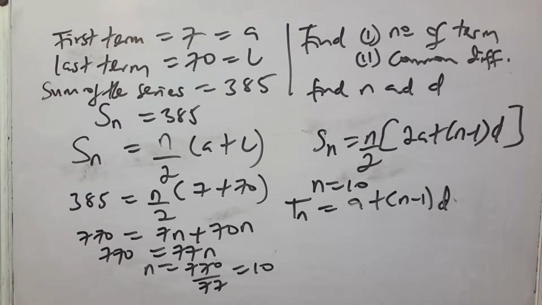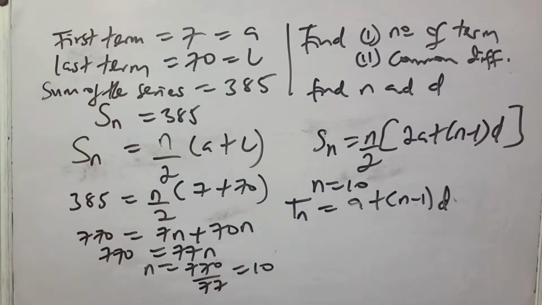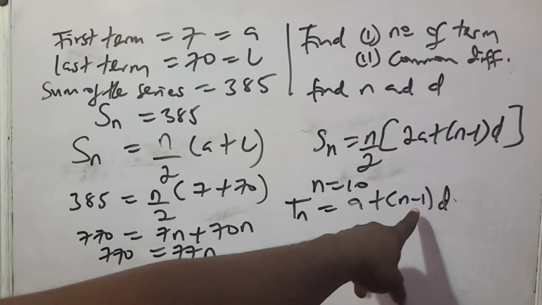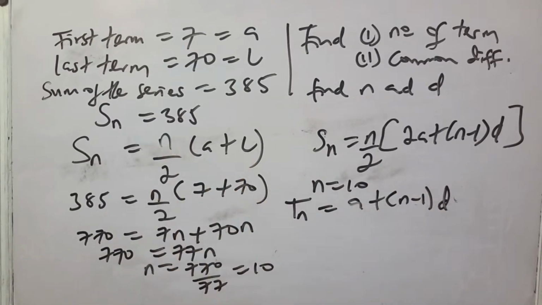If you want to find any term in the series, this is the formula for that. So if you want to find the second term, you say t2 will be equal to a plus 2 minus 1 d, that will be a plus d, and so on and so forth.